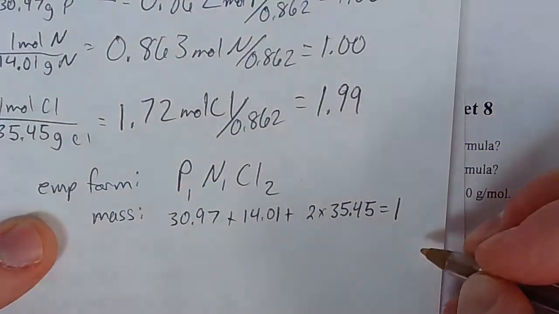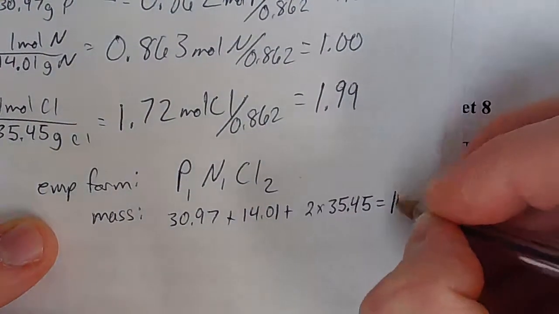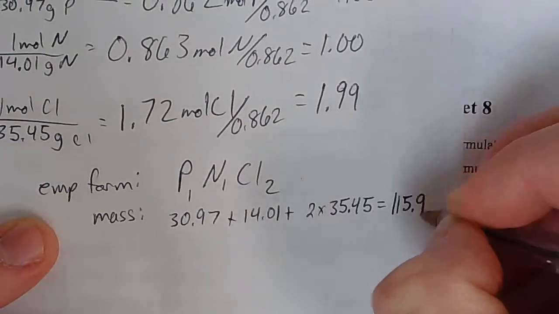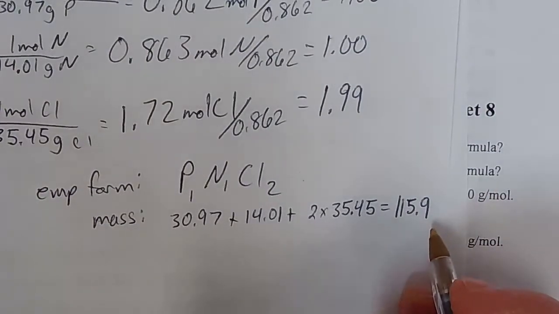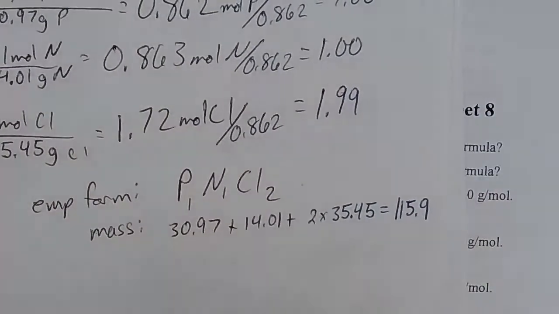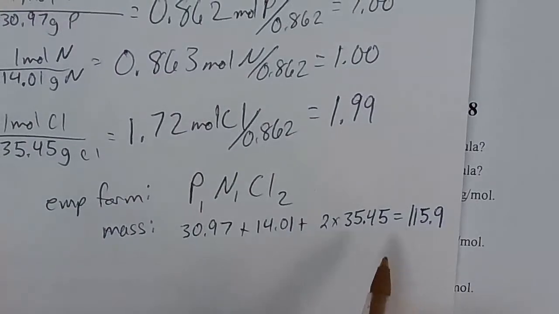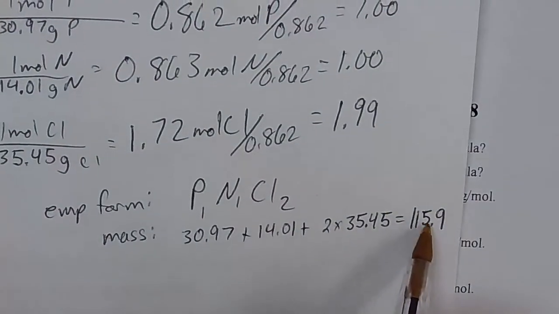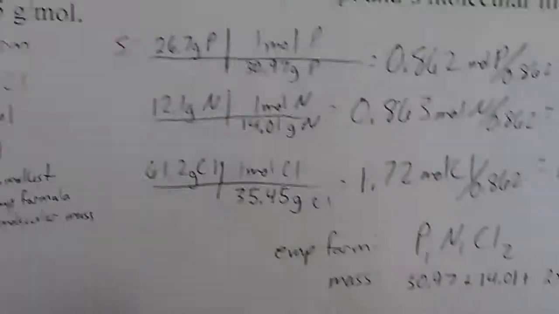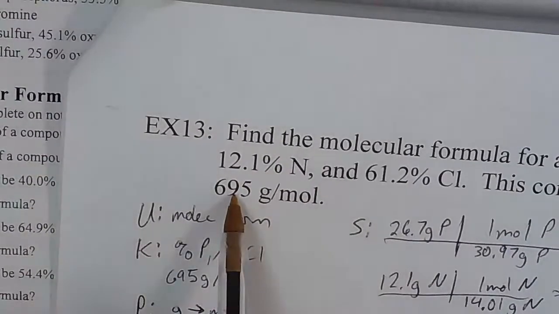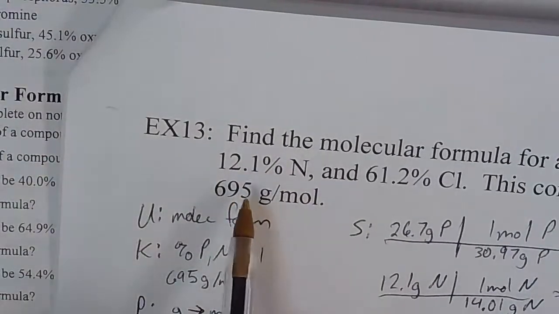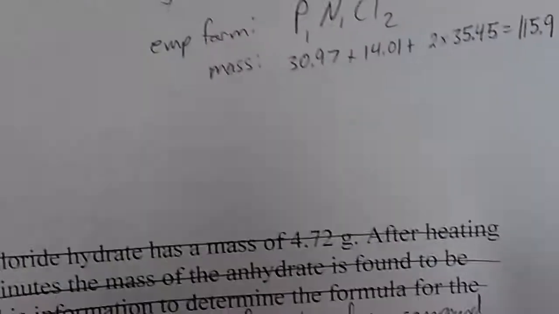Can I get a second on that? I'll just go with the 115.9. Now, what mathematical operation would allow you to figure out how many times this 115.9 will go into 695? What do we need to do to figure that out? Yeah, let's do some division.